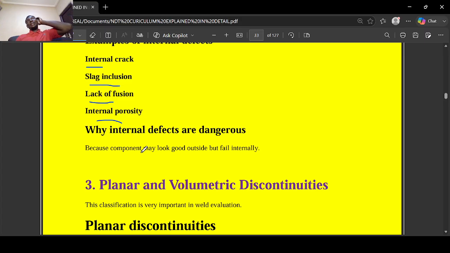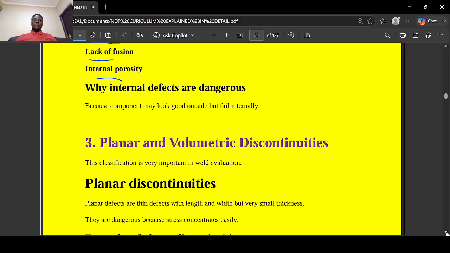Let me borrow the word hypocrite: exhibiting an appearance outside while inside you have an evil intention. That is one way I would describe internal defects. Good outside, but bad inside. So it's very dangerous, and that's why we pay close attention and carry out the necessary inspection on them.